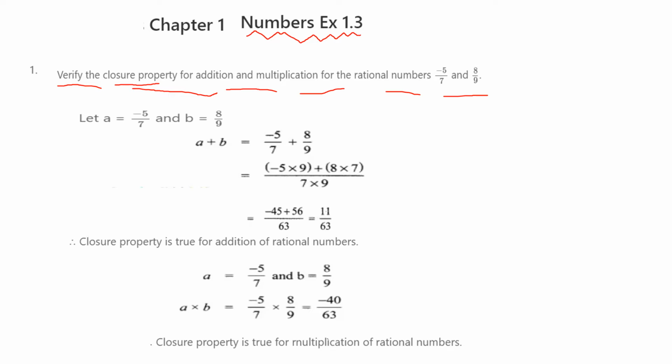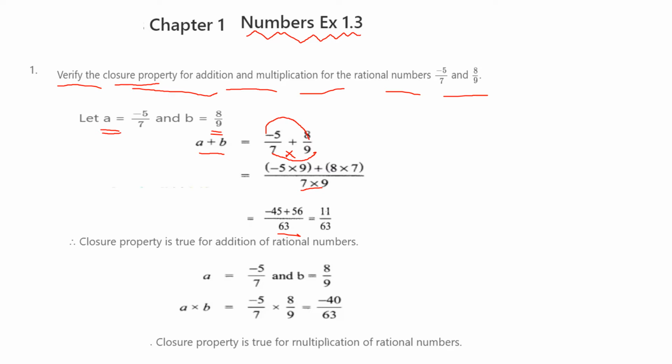So let us check. We will take a equal to minus 5 by 7 and b equal to 8 by 9. First, closure property for addition. So adding these two rational numbers. 7 and 9 are not divisible, so cross multiply and write the denominator 7 into 9, 63.